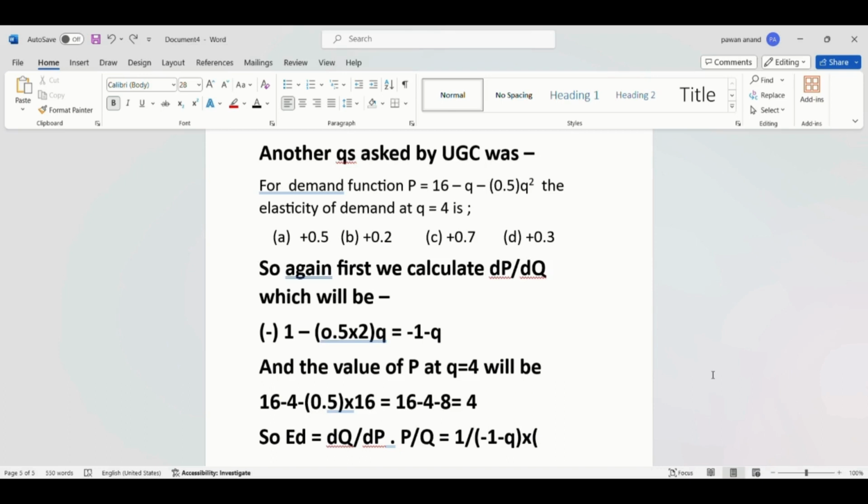The slope is basically dP upon dQ, but in the formula of ED, it is dQ by dP. This thing is basically the inverse of the slope of the demand function.